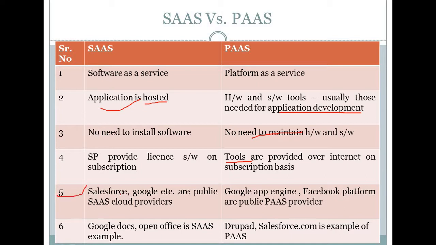This gives you the major SaaS providers: Salesforce, Google, Microsoft, all are major SaaS cloud providers. Google App Engine, Facebook Platform, AWS are PaaS providers. Google Docs, OpenOffice, Dropbox, Microsoft 365 are all examples of SaaS, and Salesforce.com, Drupal are examples of PaaS.